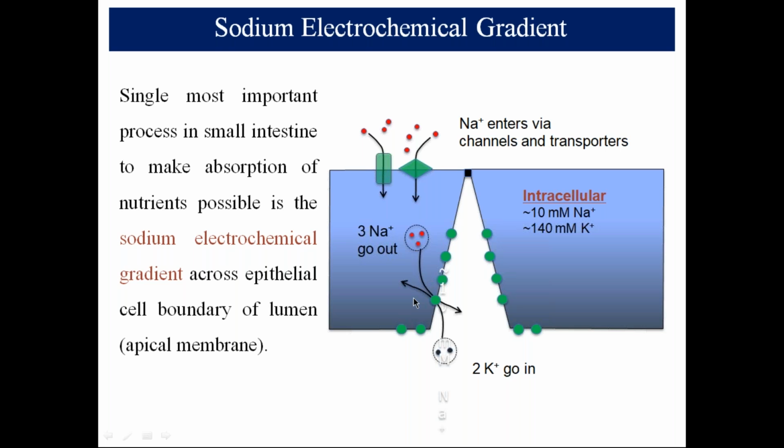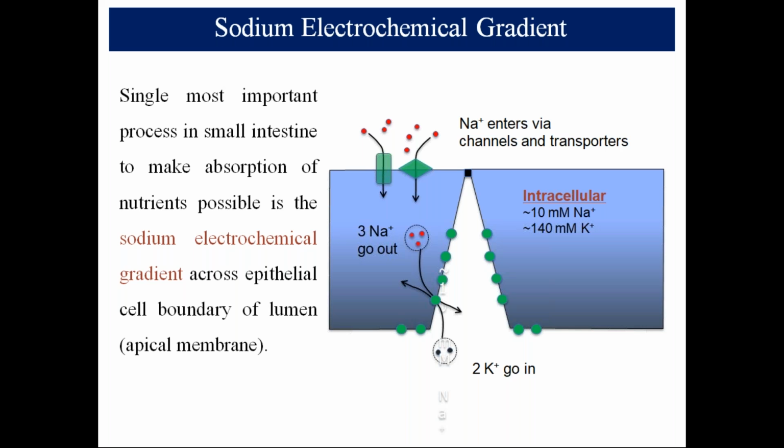Resting membrane potential is the potential difference that exists between the interior and exterior of the cell, and the interior of the cell is negative. Primarily this negativity of the cell is due to the potassium leak channels. Then it is because of the Gibbs-Donan equilibrium, that is the presence of the non-diffusible anions which are present there.